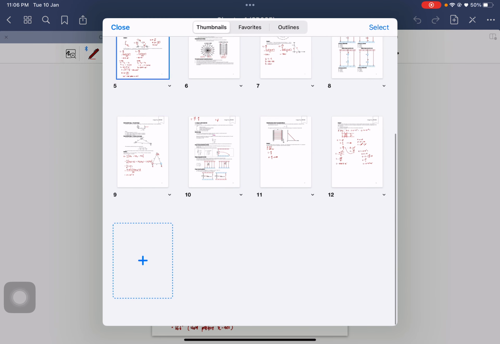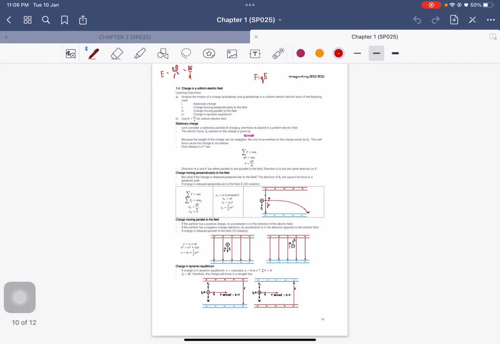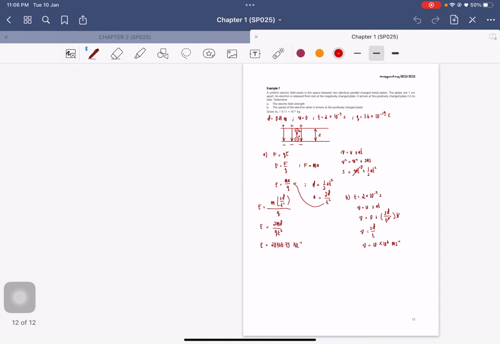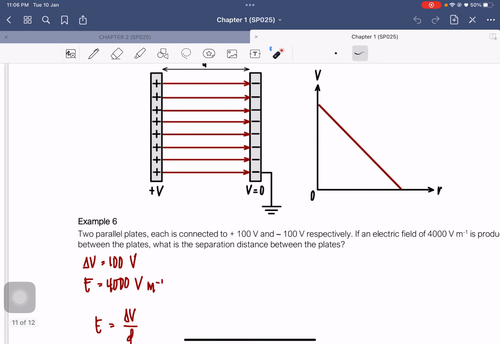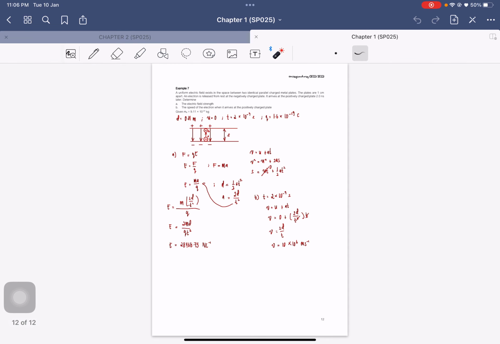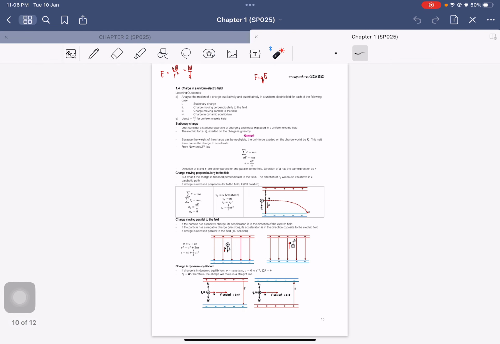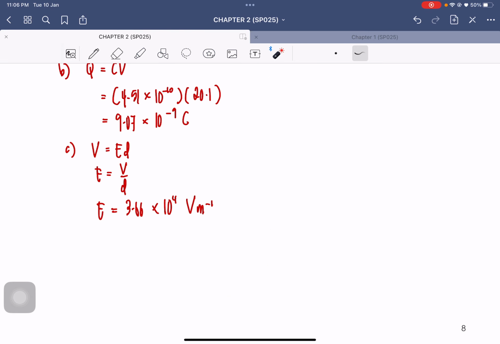I feel like it's in this subtopic. E is equal to V over d. V is equal to Ed. So that equation is in chapter 1. So basically, there's an overlap between chapter 1 and 2, in the equation that you need to use.